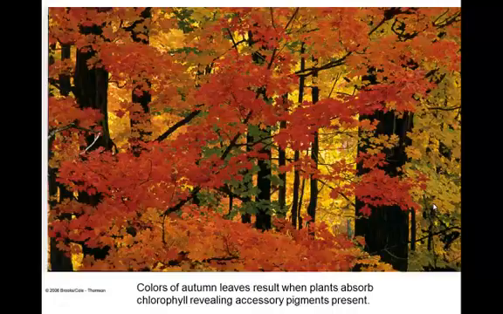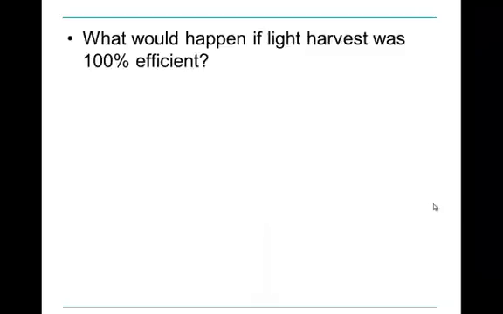Now, consider another question with regard to pigments and harvesting energy with pigments. And that was what would happen if light harvest was 100% efficient. What color would plants be if all of ROYGBIV was absorbed and none was reflected? Well, plants would be the same color as my good old dog Jake.